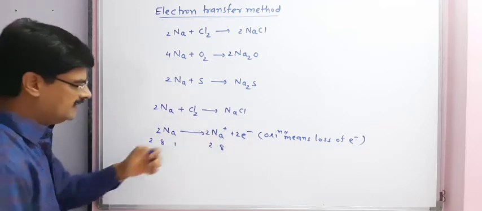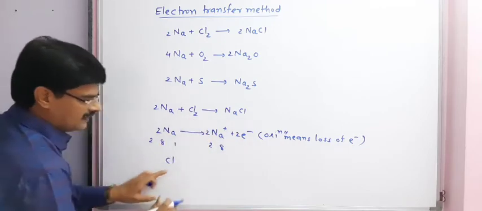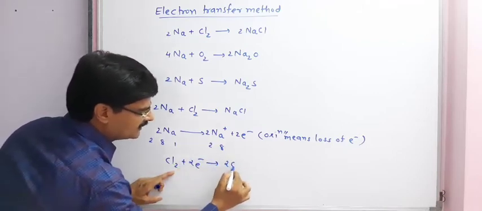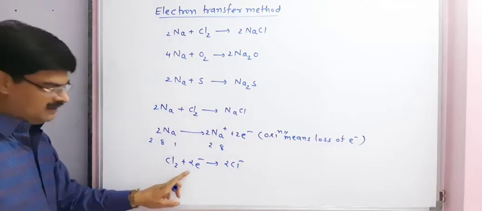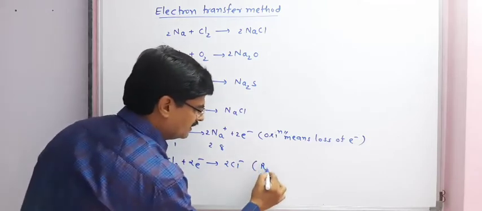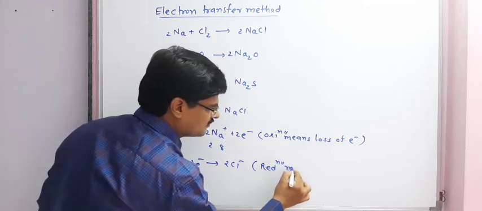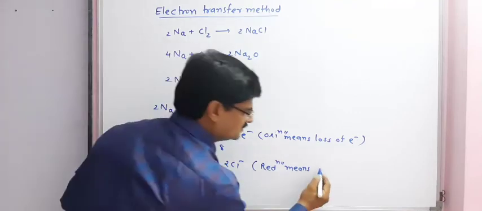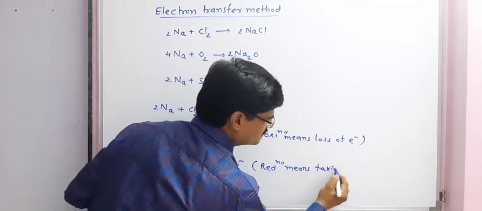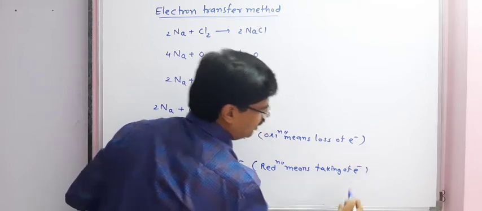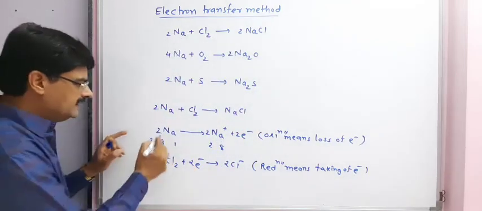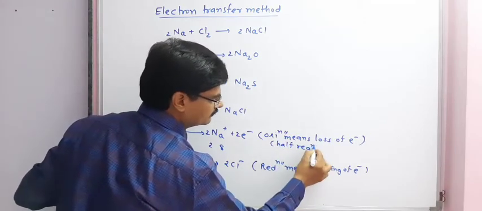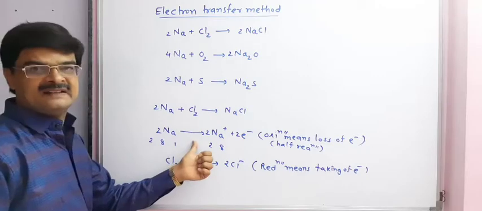On the other hand, Cl2 by gaining 2 electrons gives 2Cl minus. So here we can say reduction means gaining of electron or taking of electron or receiving of electron. This is also known as half reaction, half oxidation reaction.